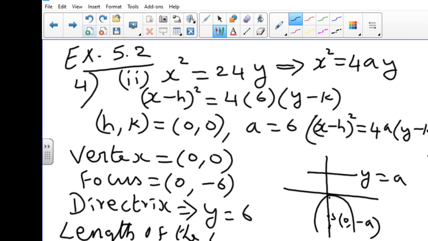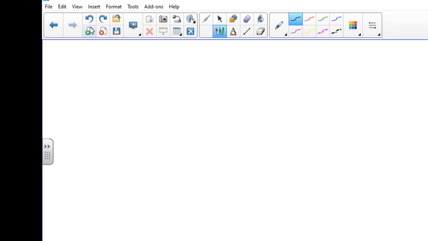The length of the latus rectum, LR, is equal to 4a, so it is 4 into 6 which is equal to 24. Okay, so we have found everything for the second subdivision. Now we'll go to the third one.